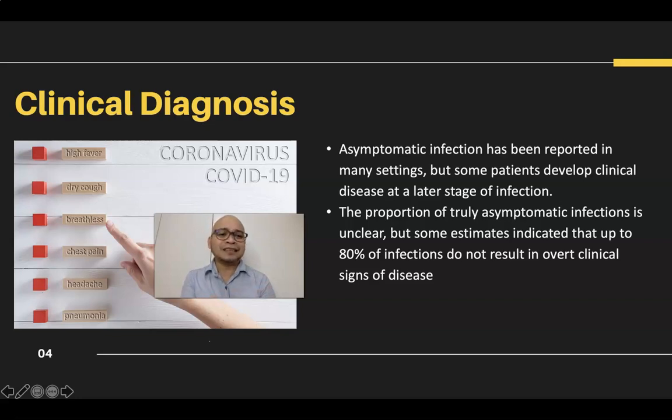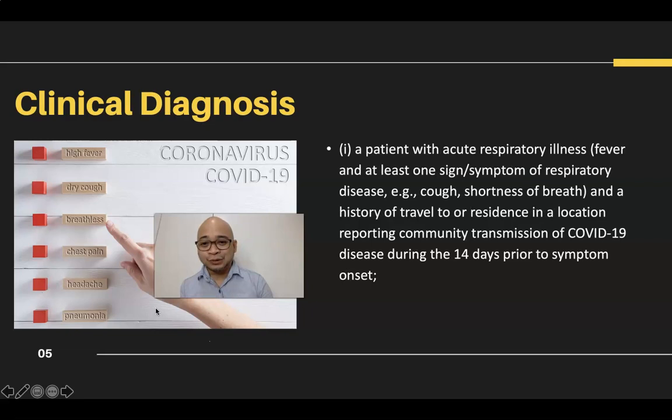But some estimates indicated that up to 80% of infections do not result in overt clinical signs of the disease. This is somewhat disturbing because these asymptomatic patients could still remain infectious or contagious. You have to remember several factors in clinical diagnosis.